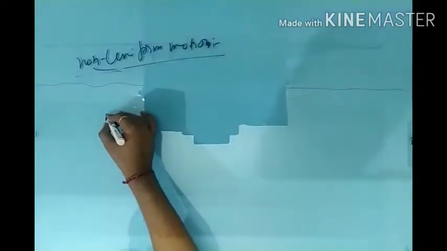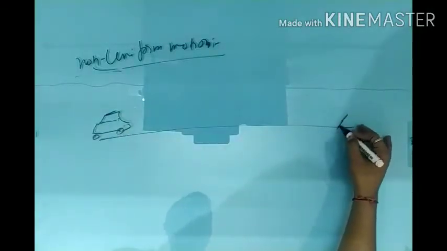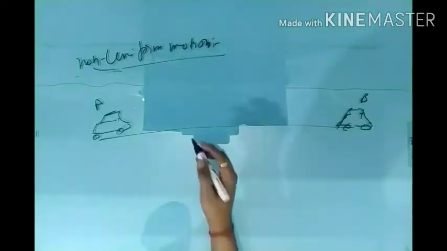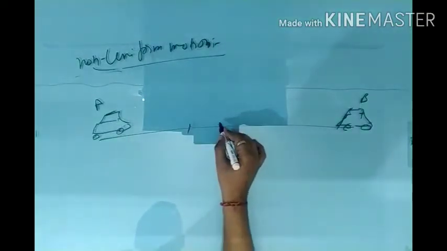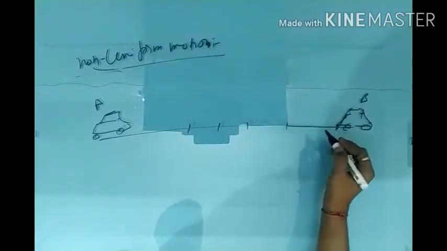Suppose a person is driving a car from point A to point B, but there are a number of phases, maybe there is heavy traffic, or maybe it's a plain road.